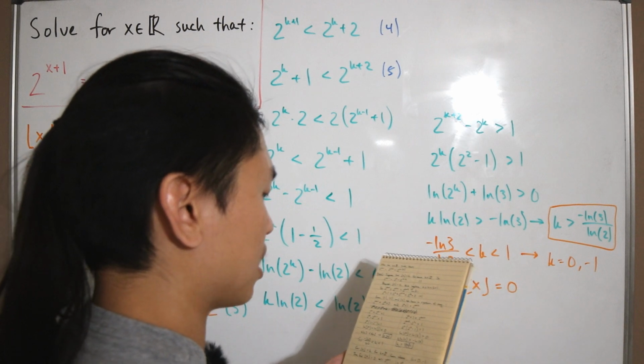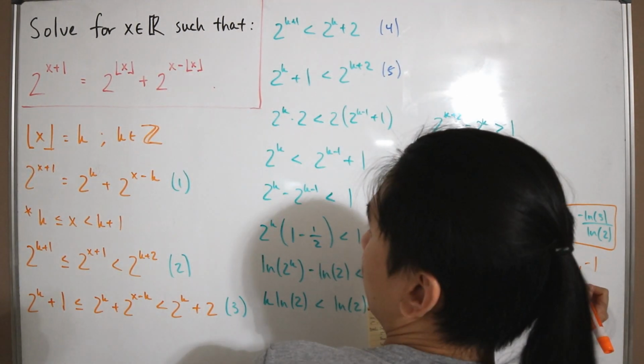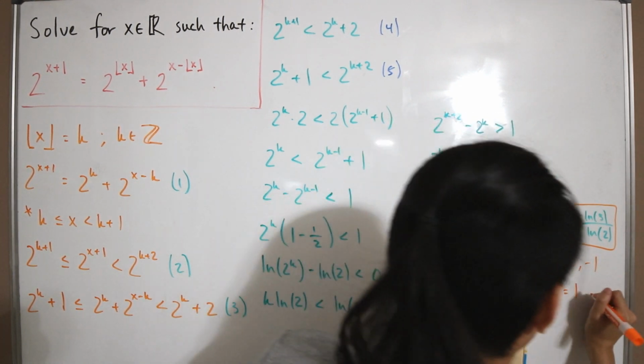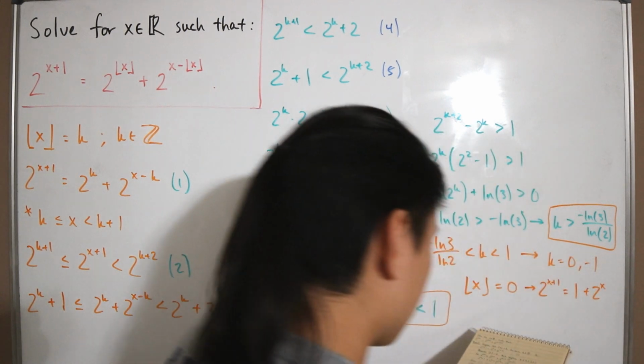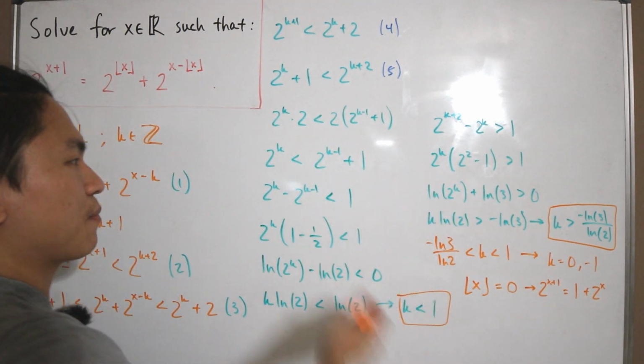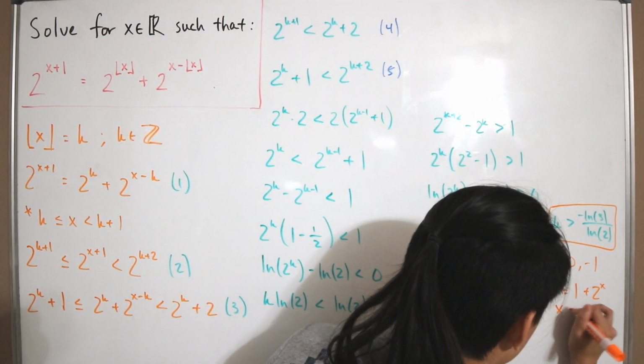Plugging that back in, this is 2 to the x plus 1, equal to 2 to the 0, which is just 1, added to 2 to the x. Now I'm just going to skip the steps here. This is basically following the same algebra as before, but solving all this out, you're going to get that x is equal to 0.